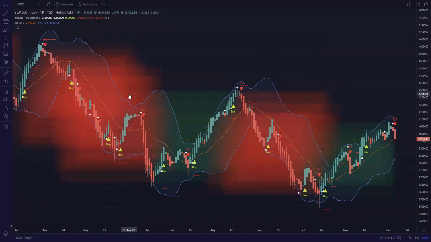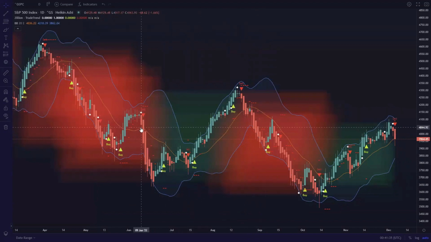That's where other tools and methodologies become important for avoiding the false candles. So let's talk about some ways we can do that. One of those is trade trend. What I really like to do is use trade trend with Heikin Ashi.